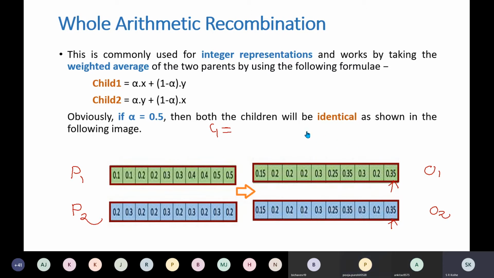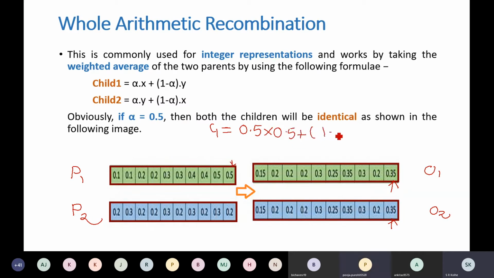Okay. Right. Plus 1 minus 0.5. What into alpha, you are okay? Alpha is 0.5, right? Alpha 0.5 multiplied by x. What is x here? 0.5. Correct.